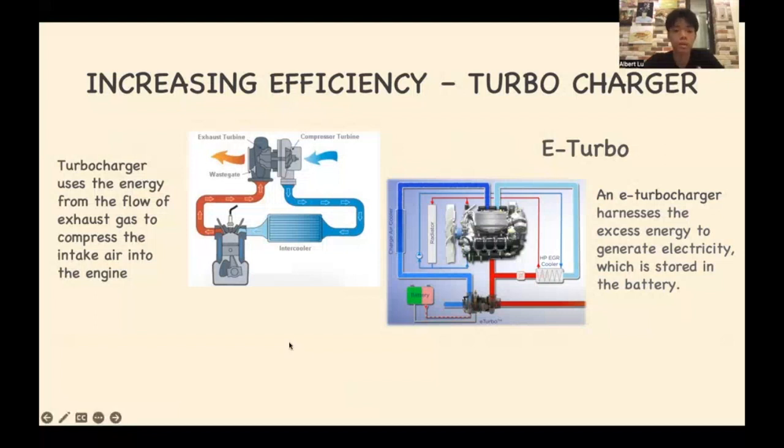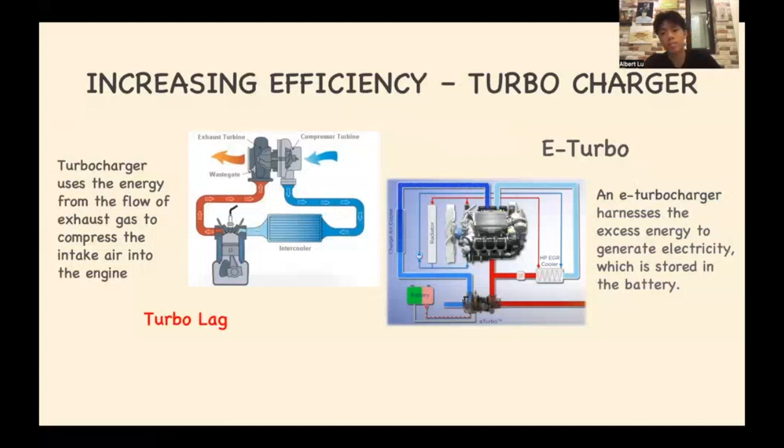And because there is circulation of currents, there will be a turbo lag caused by the time difference between the exhaust gas leaving the engine and rotating the turbine, and the time that the air is sucked inside the engine. So that's an all-time drawback of the turbocharger.